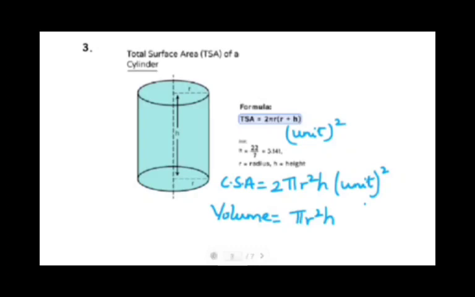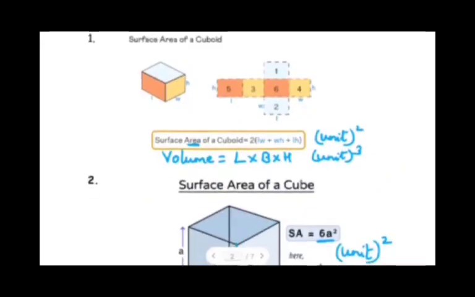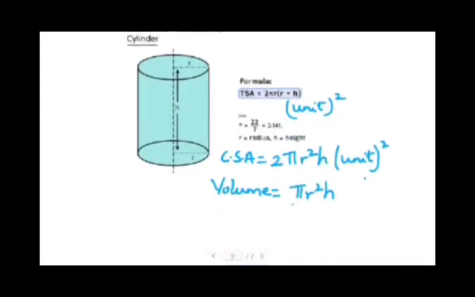If you see the formula of the cuboid as well, its length into breadth is nothing but the area, children, multiplied by the height. Similarly, volume is nothing but the area. What is the area of a circle? Pi r square, and you have to include the height. What's the unit? Unit is unit cube.